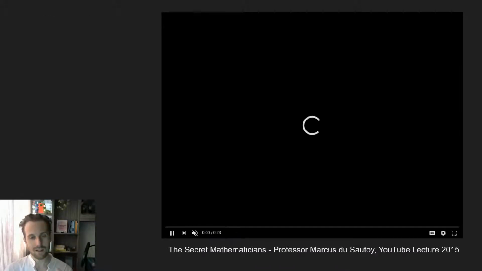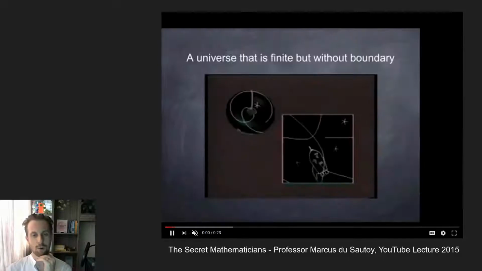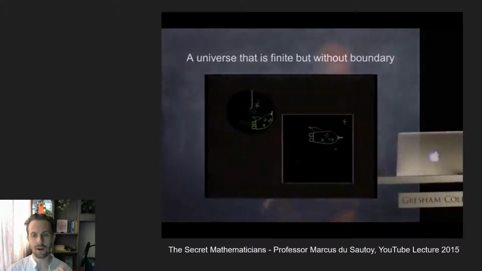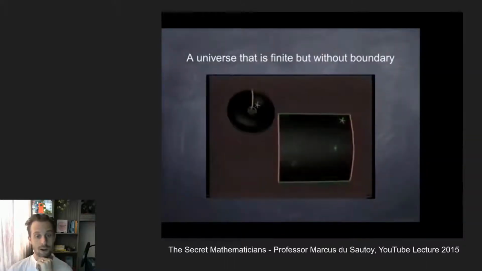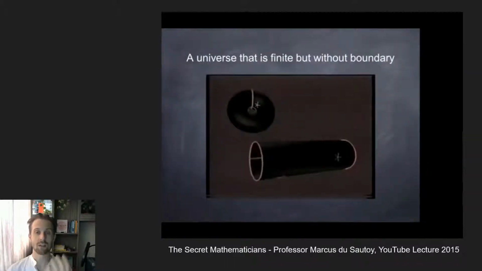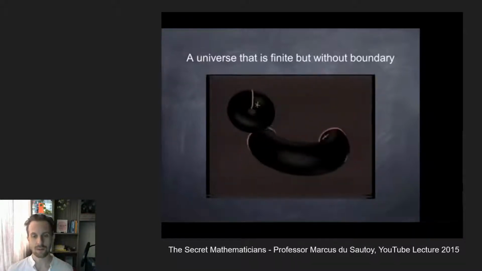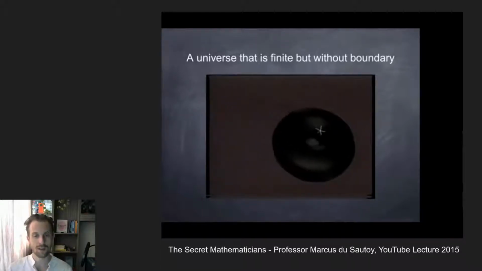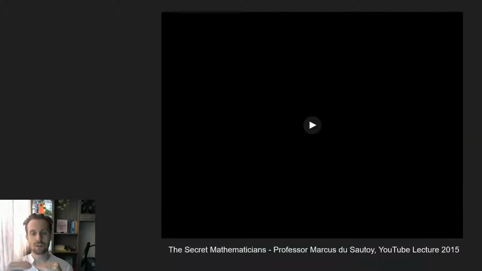The similarity between the spatial imagination of Borges and early computer games is also explored really brilliantly by this lecture by Professor Marcus du Sautoy at Gresham College from 2015. In this lecture, du Sautoy explains that if we had a 2-dimensional world rather than the 3-dimensional world that we live in, maybe like a top-down computer game like Asteroids, a 2-dimensional world can be turned into an infinite world by wrapping it onto a 3-dimensional shape.